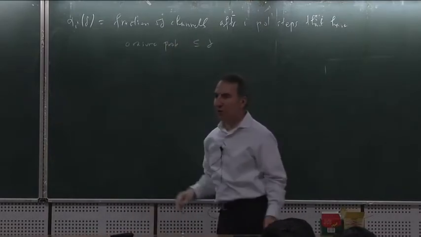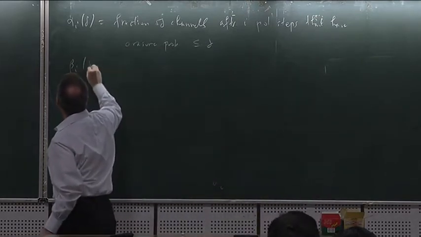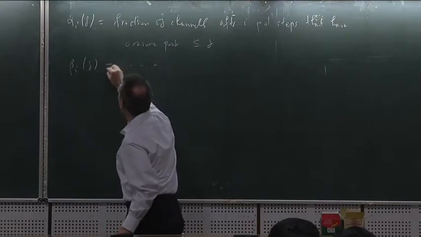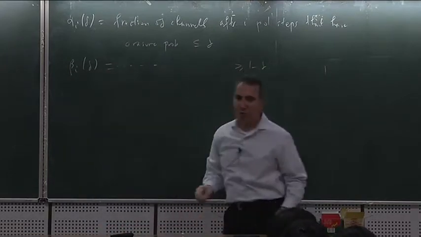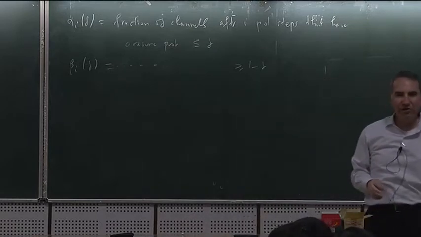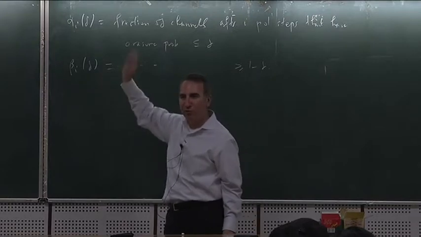These are the good channels. And beta I of delta: the same thing with erasure probability more than 1 minus delta. These are the bad channels. And these are the ugly channels. So we have the good, the bad, and the ugly.